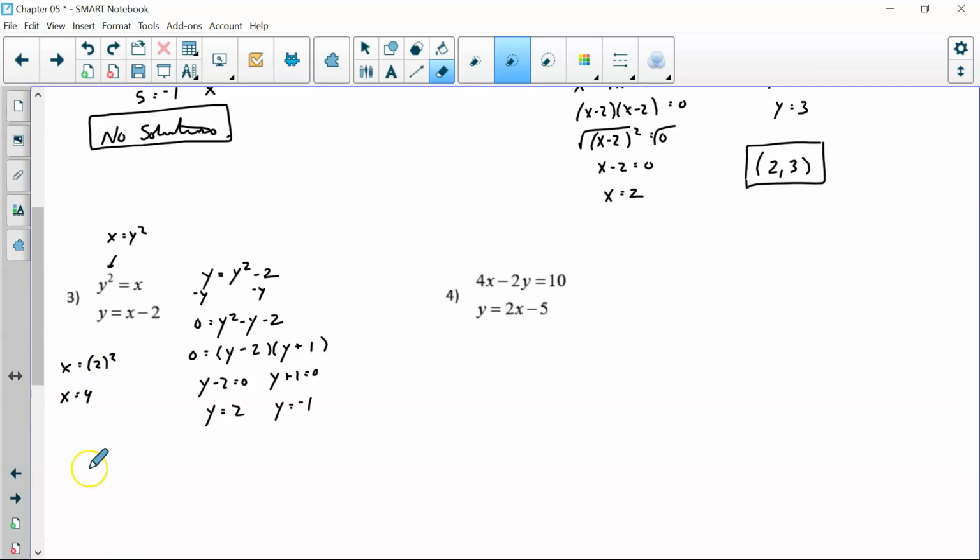So one of the points of intersection is (4, 2). And when y equals -1, x equals (-1) squared, so x equals 1. So our other point of intersection would be (1, -1). There's our 2 points of intersection.